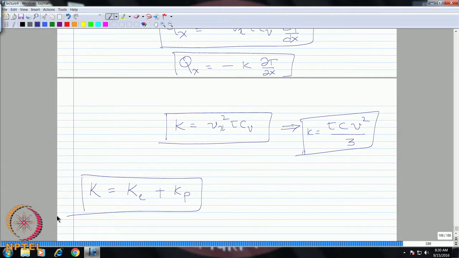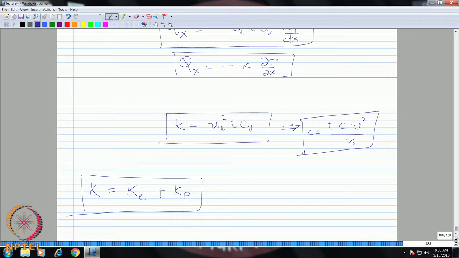This will give you a total thermal conductivity. In semiconductors your electron contribution may be small compared to the phonons, but still if you want to get the total conductivity, you have to sum these two components. Individually you have to estimate for the electrons, phonons, and then sum these two components together, right.